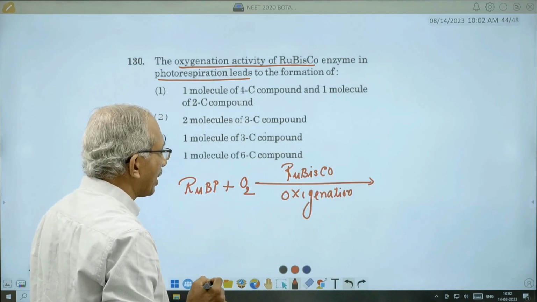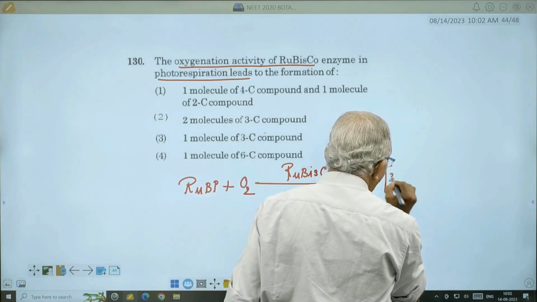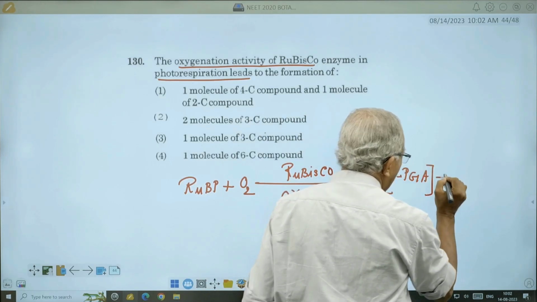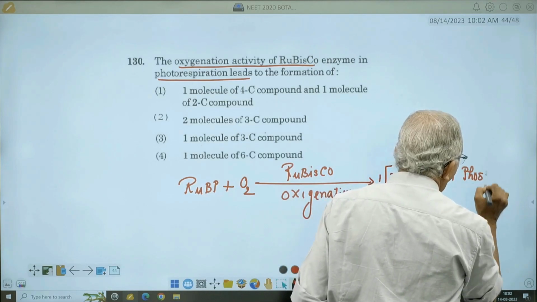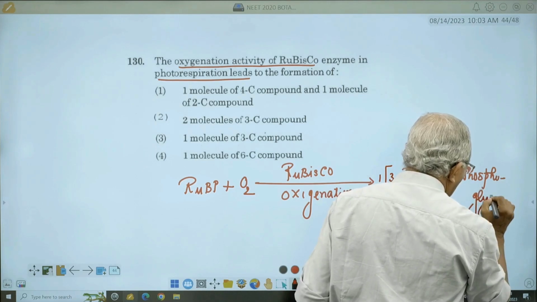What is the product? The product is one molecule of 3-phosphoglyceric acid and one molecule of phosphoglycolate.